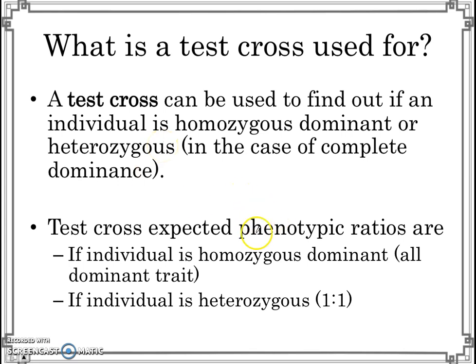The expected ratios are, if that individual is homozygous dominant, then all his offspring will be the dominant trait. So if the individual was a homozygous dominant tall plant, then all the offspring will be tall. But if the tall parent was heterozygous, then we'll expect a 1:1 ratio.